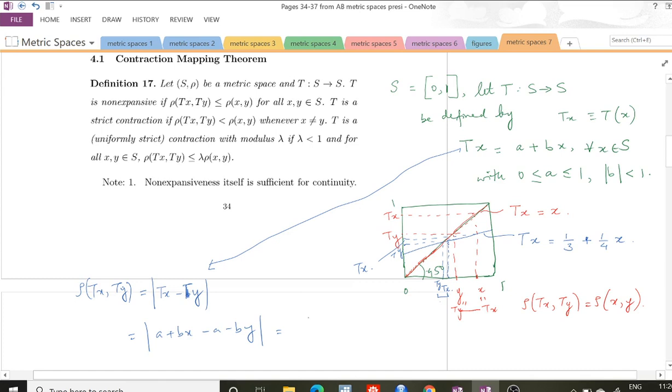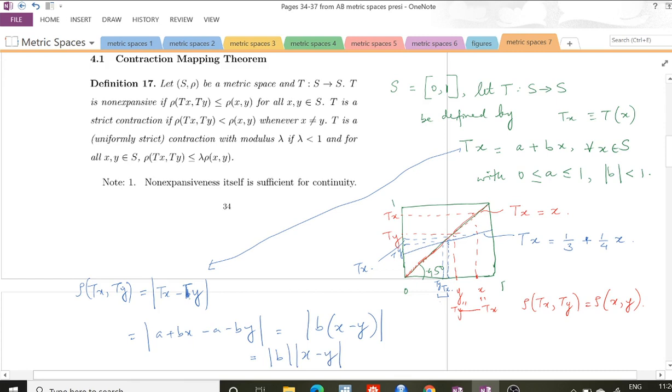So that's absolute b times |x - y|, and that just acts as a norm, so it must satisfy this property of a norm, which we know that it does, right?